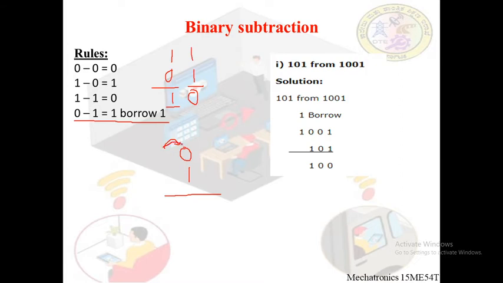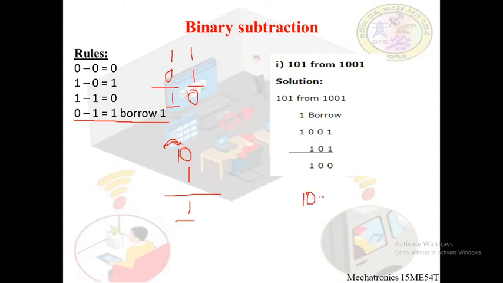We will borrow from the next digit. Therefore, this becomes 10. So from 10, we are reducing 1. 10 minus 1 is 1. How can this be? Here 10 means it is not the decimal 10, but it is binary 10.